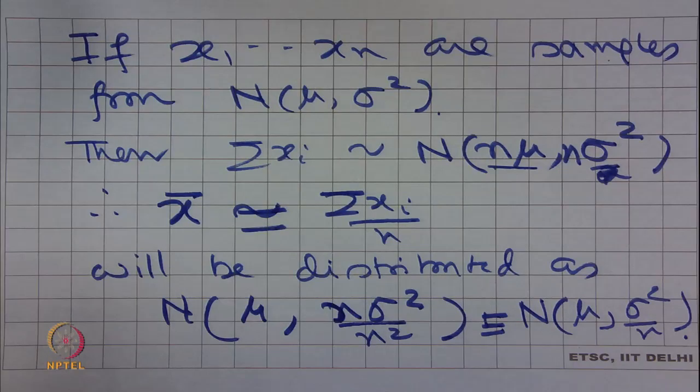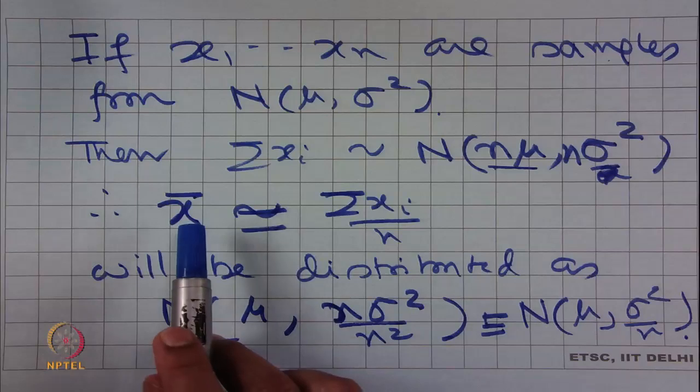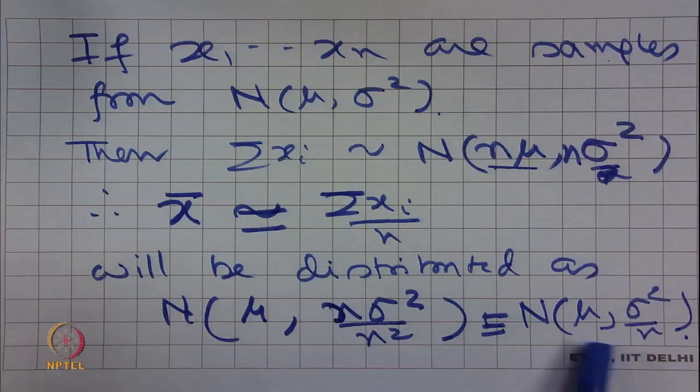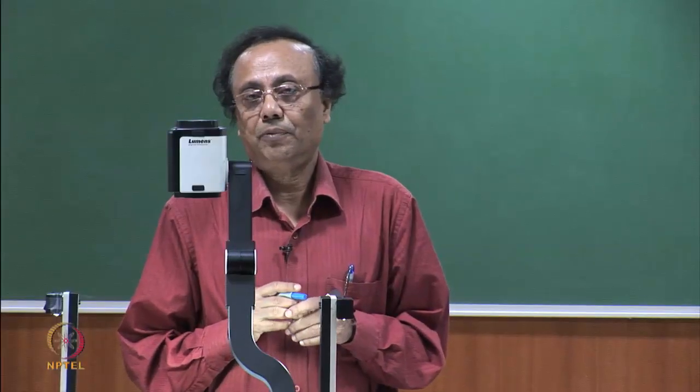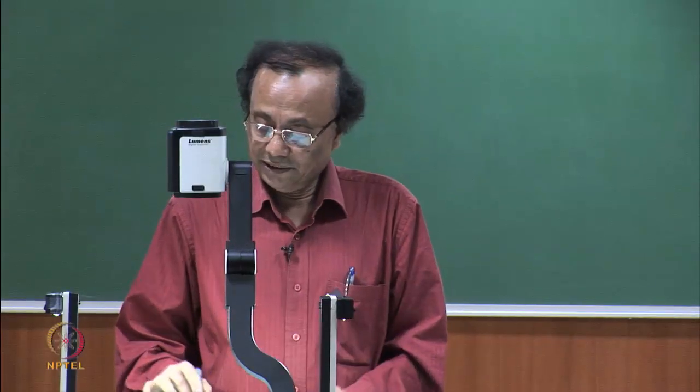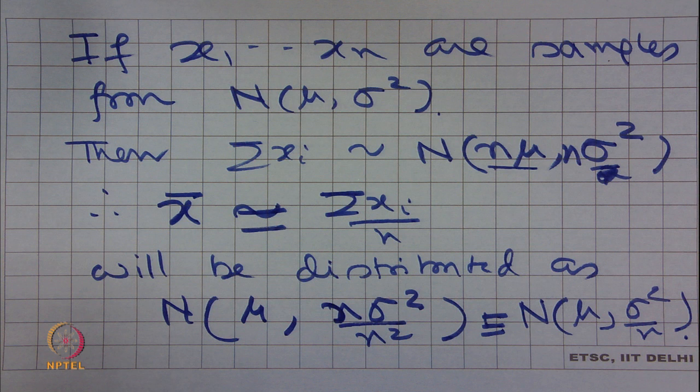Therefore, expectation of sample mean is going to be mu, or sample mean is going to be an unbiased estimator for population mean, and as n increases, the variance will be decreasing. So far we got an estimator for population mean.